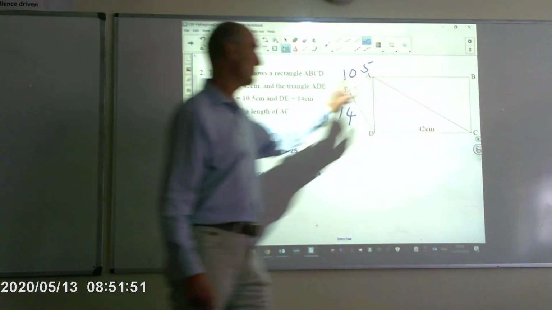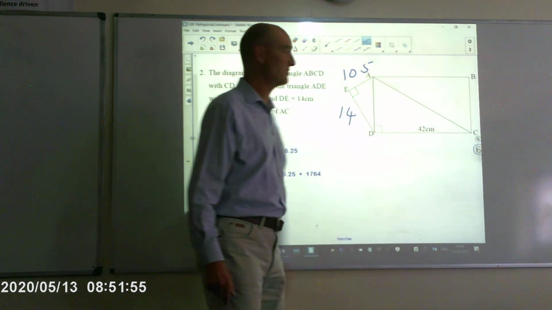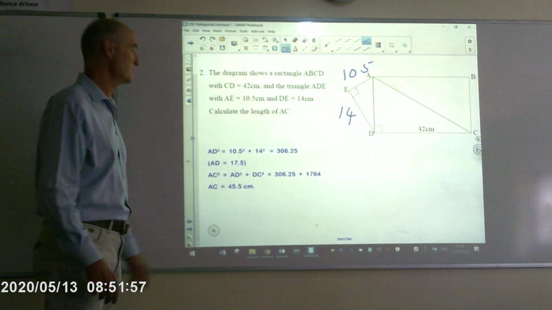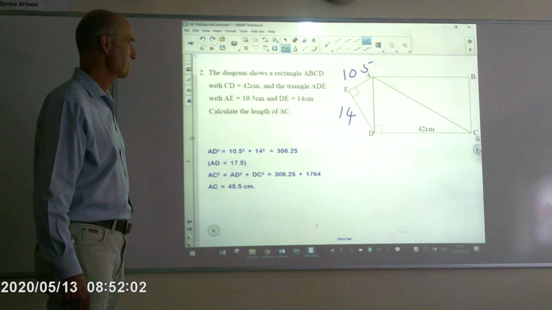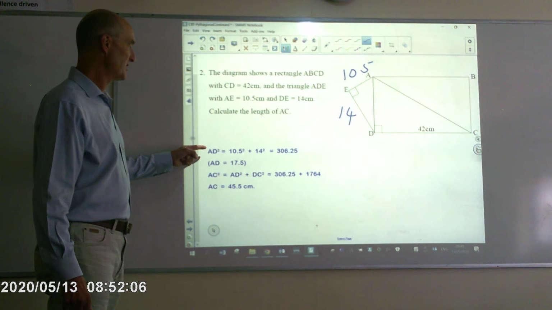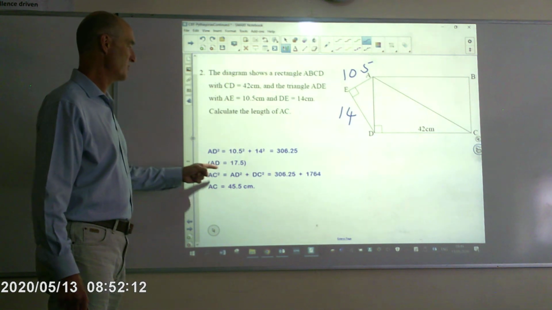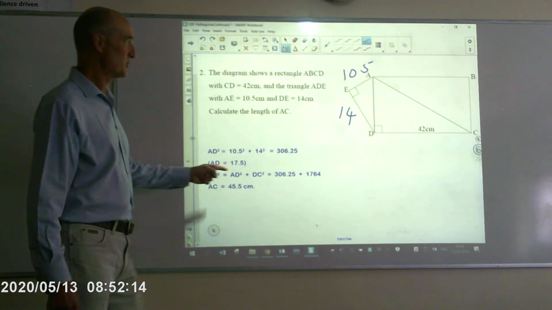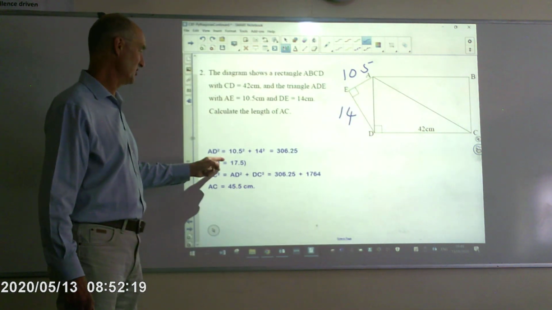Is that a reasonable length when that's 42 centimetres, making that 45.5 centimetres? Yeah, it's not an unreasonable type answer. Okay? And it brings out an interesting point here. We've calculated AD squared. Now I've shown you that the square root of AD squared is AD, but actually, because we're still working with right angle triangles afterwards, Pythagoras' theorem, we didn't actually have to work that out.